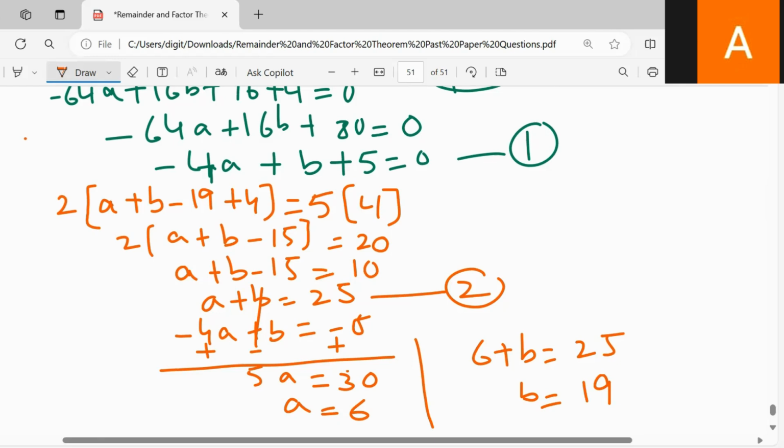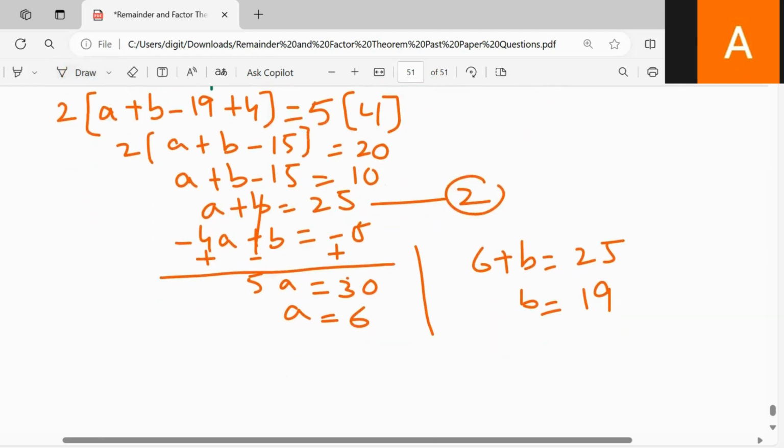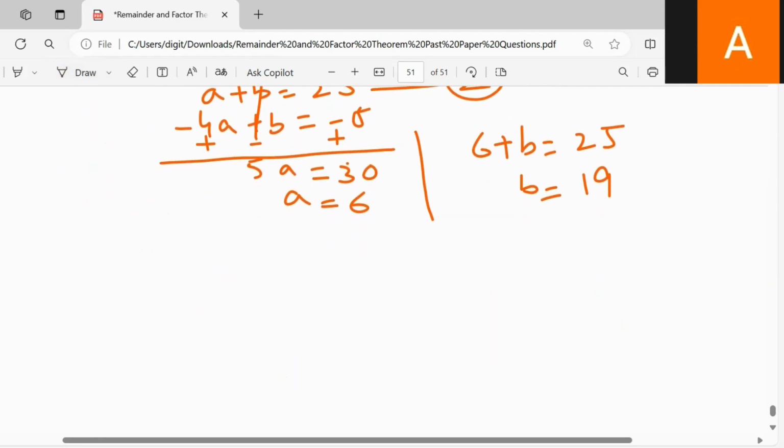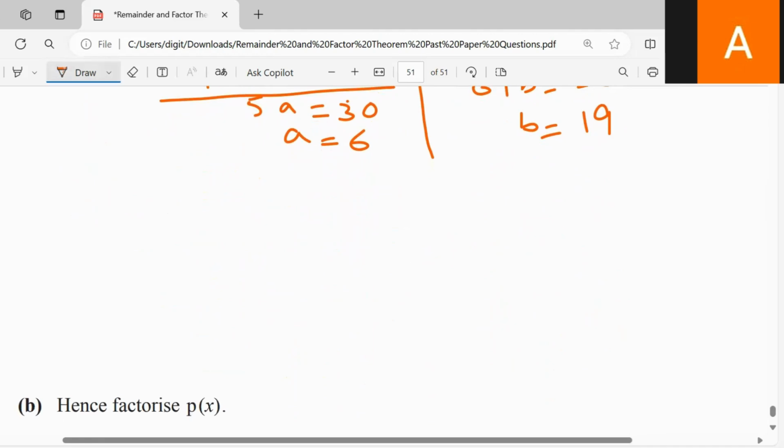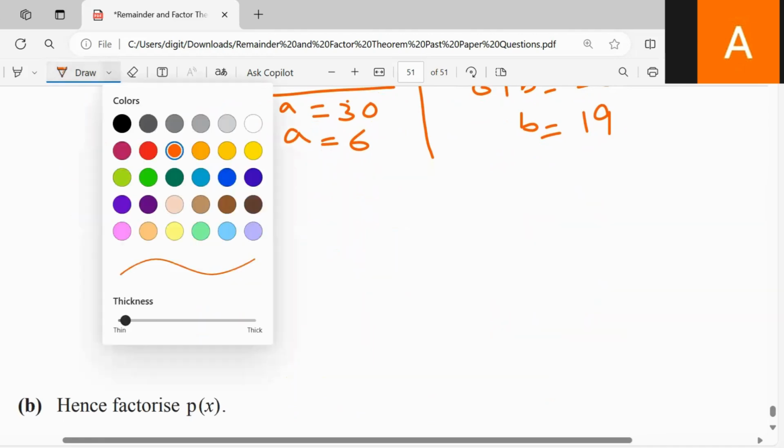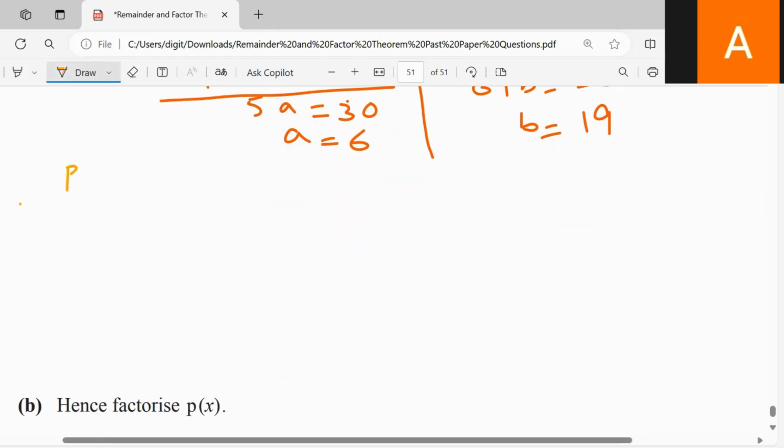Now you substitute these values in the polynomial and your polynomial becomes p of x is equal to 6x cubed plus 19x squared minus 19x plus 4.